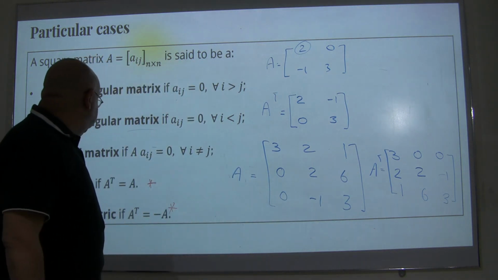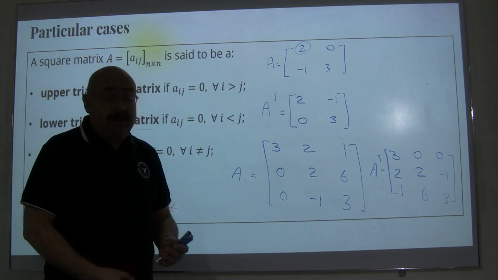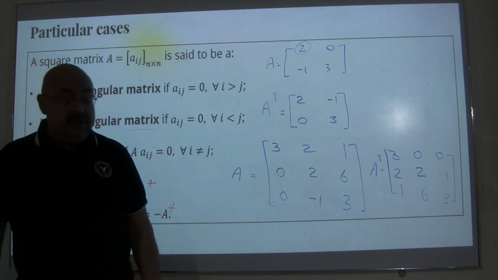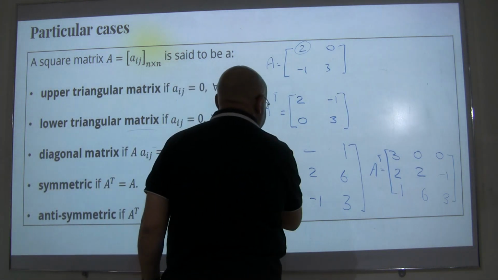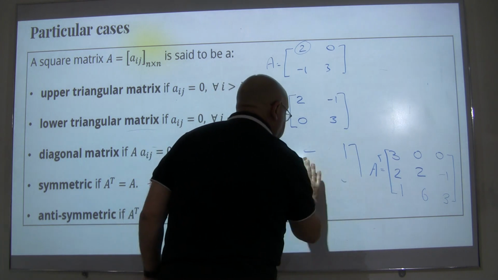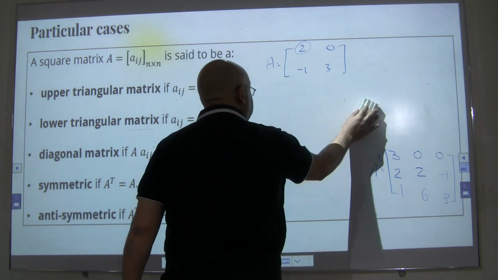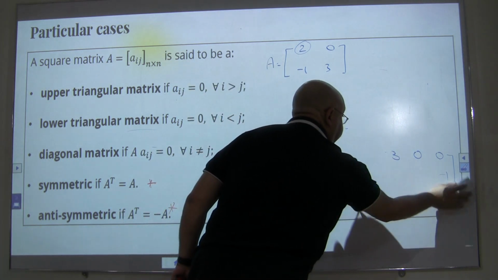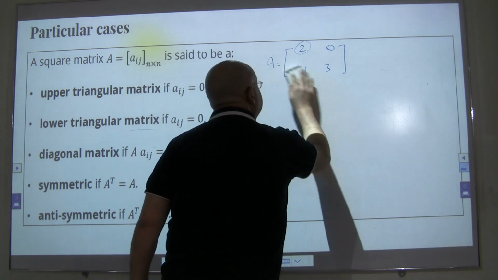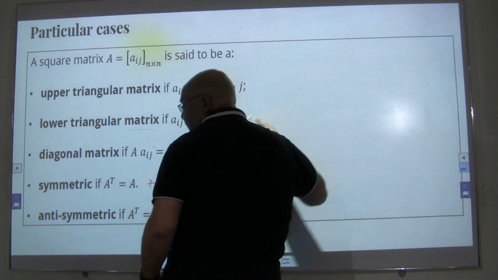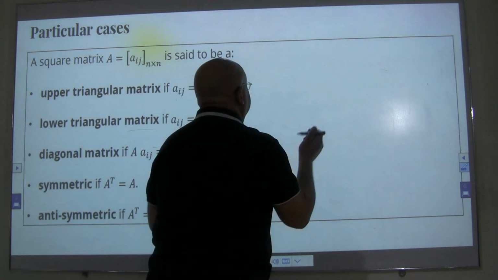There is what's called a symmetric matrix. The symmetric matrix is one of the very unique matrices, and the anti-symmetric matrix is also very unique. I want to show you an example of a symmetric matrix. Symmetric matrices have identical values around the principal diagonal.